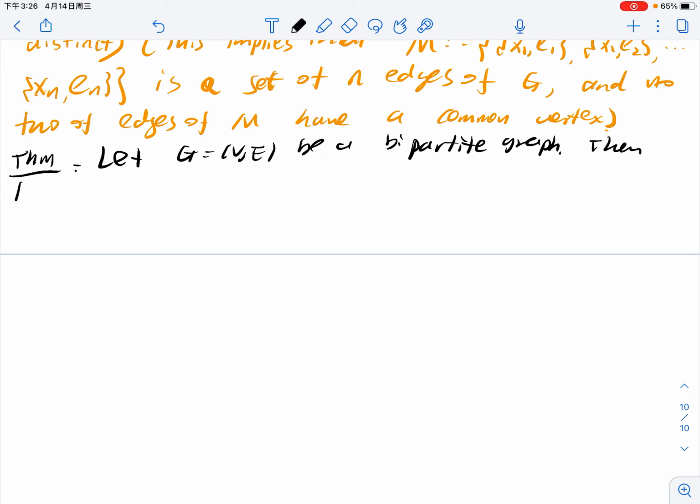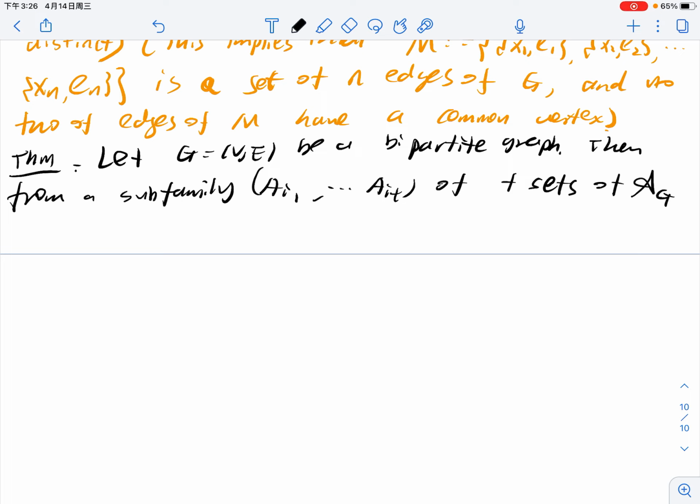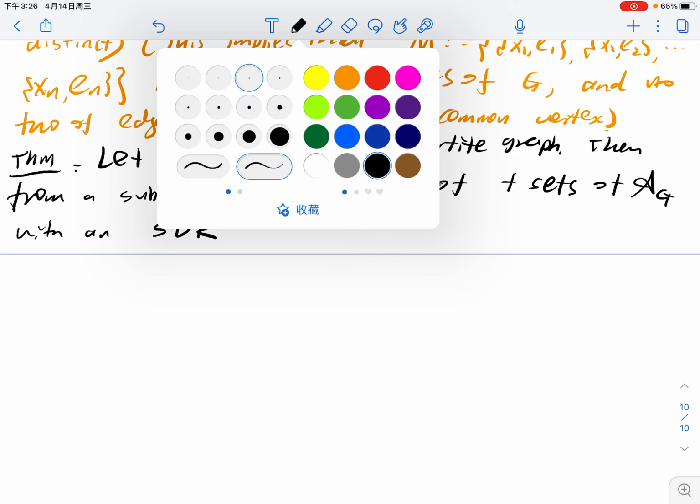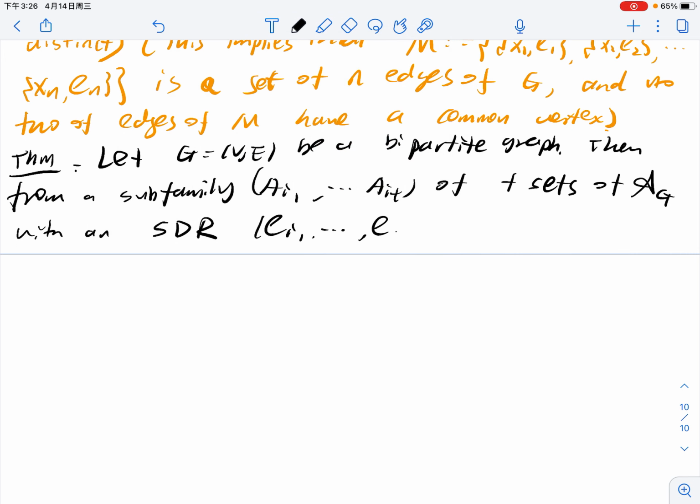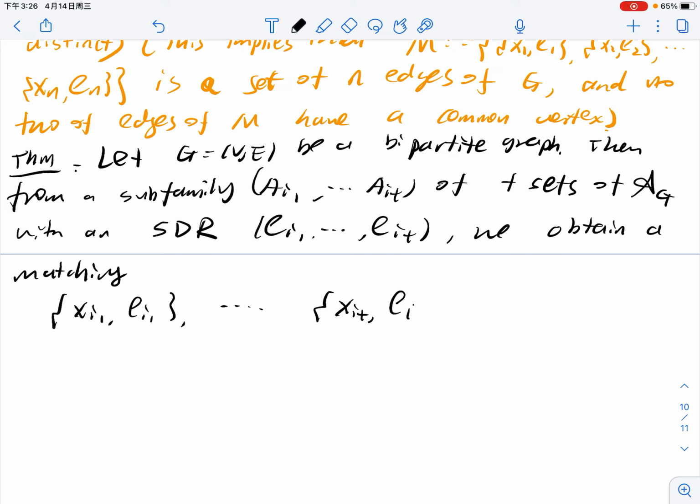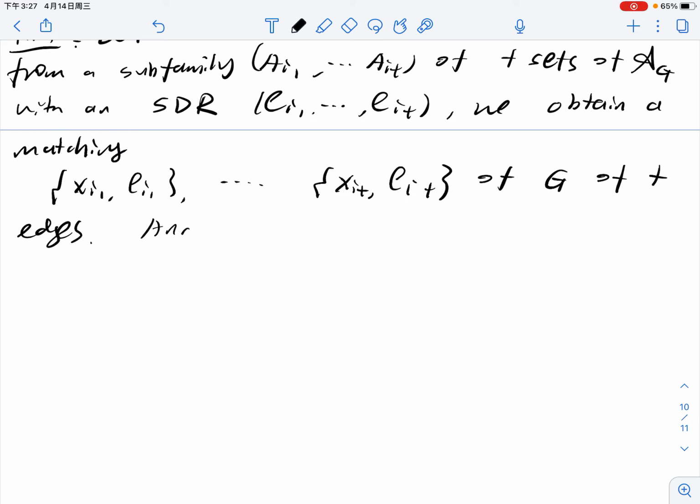Then from a subfamily A_i1, ..., A_it of t sets of A(G) with a system of distinct representatives E_i1, E_i2, all the way to E_it, we obtain a matching X_i1E_i1, X_i2E_i2, ..., X_itE_it of t edges of G, and vice versa.